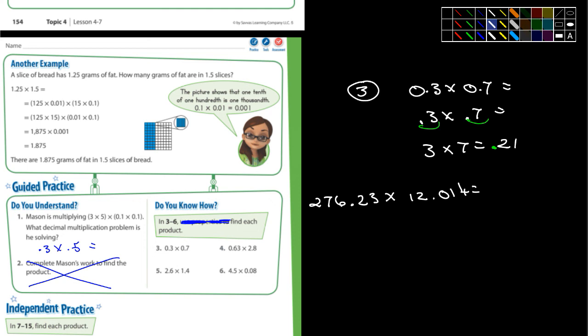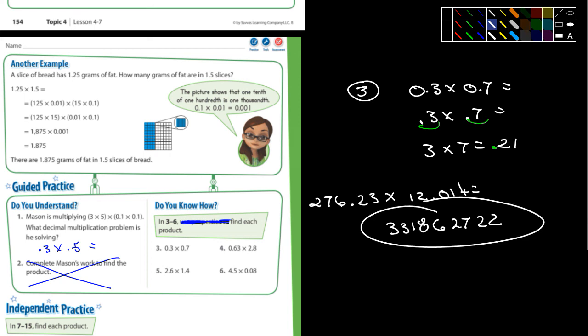And the number is this. It's 3318. This is the actual number. 62722. Raise your hand if you think you know where the decimal would go in this number. I'm just curious.